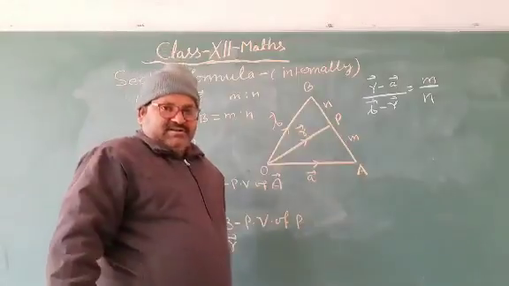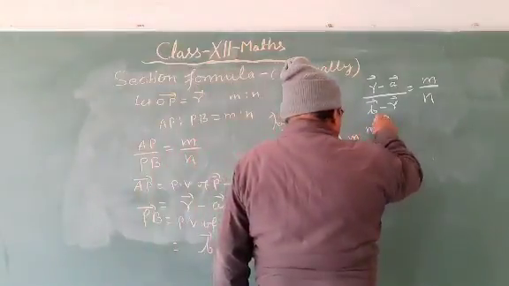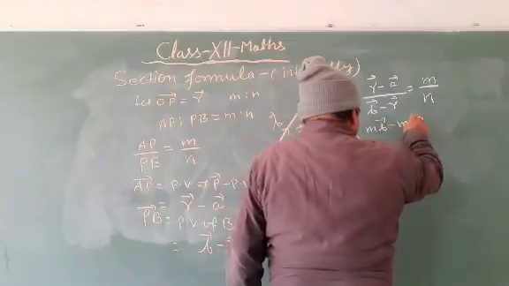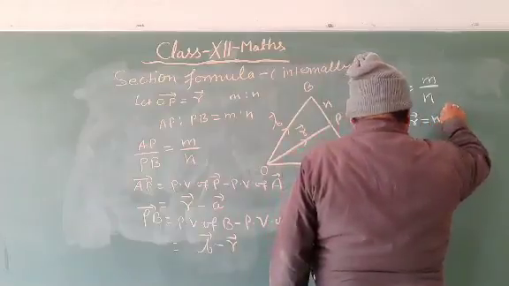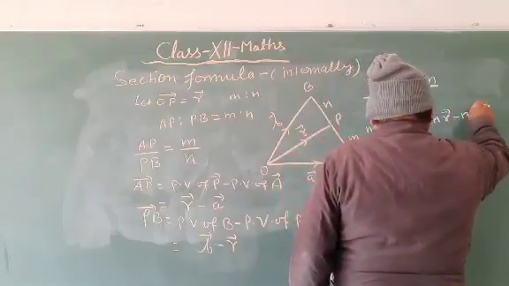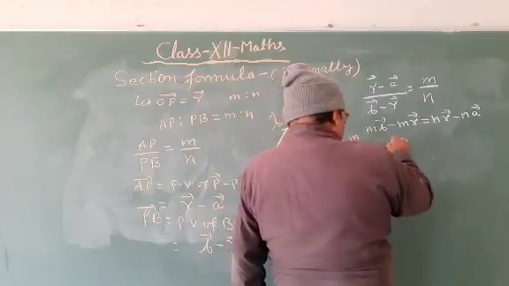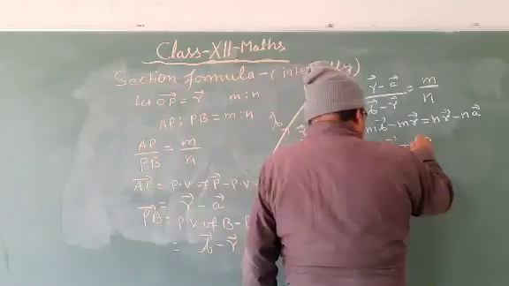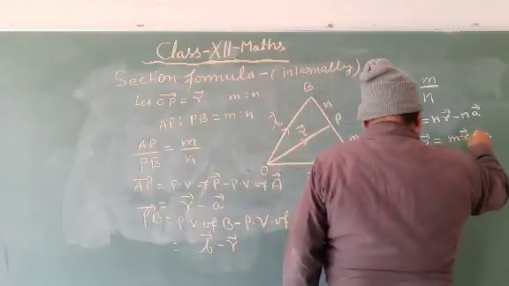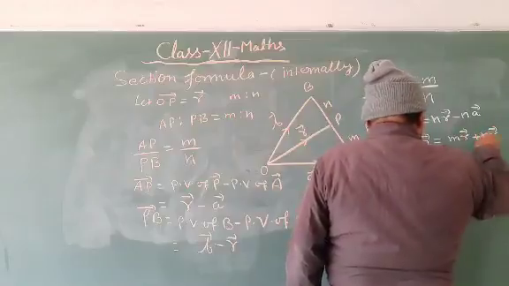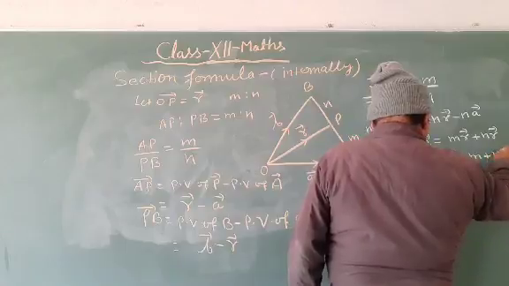Now cross multiply: m vector B minus m vector R is equal to n vector R minus n vector A. So m vector B plus n vector A is equal to m vector R plus n vector R, and vector R is common, m plus n.